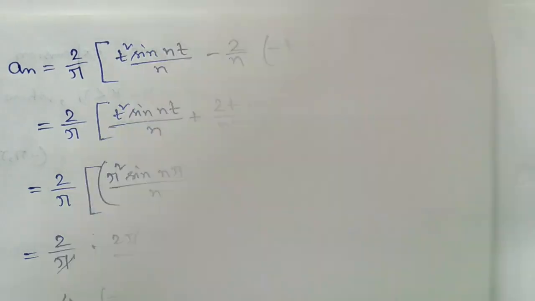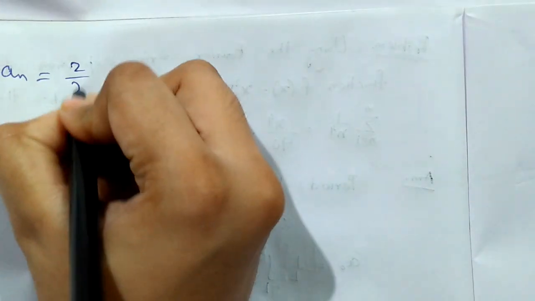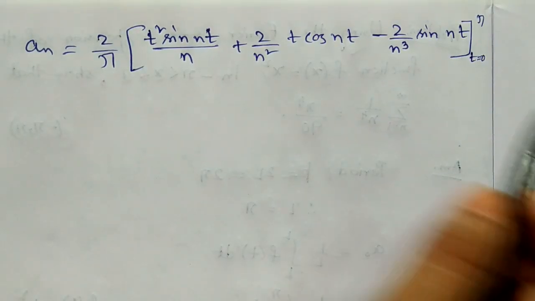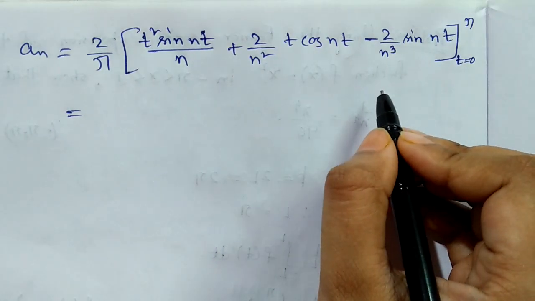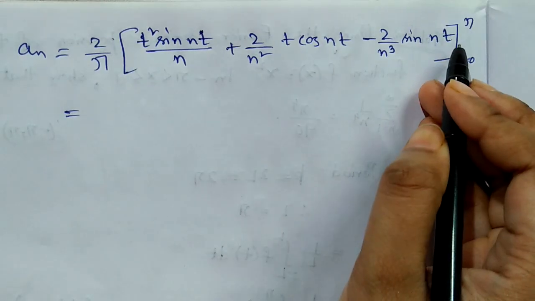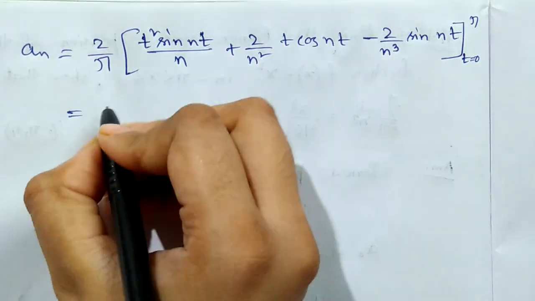So n equal to 2 by pi. This is n. Now we have to put the values of t, that is pi and 0.